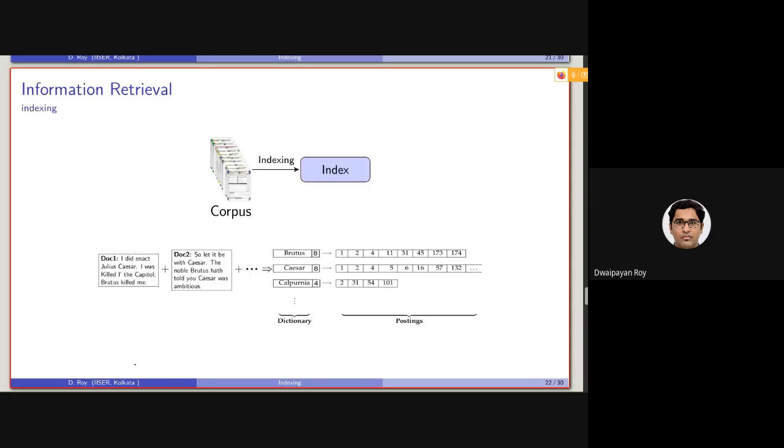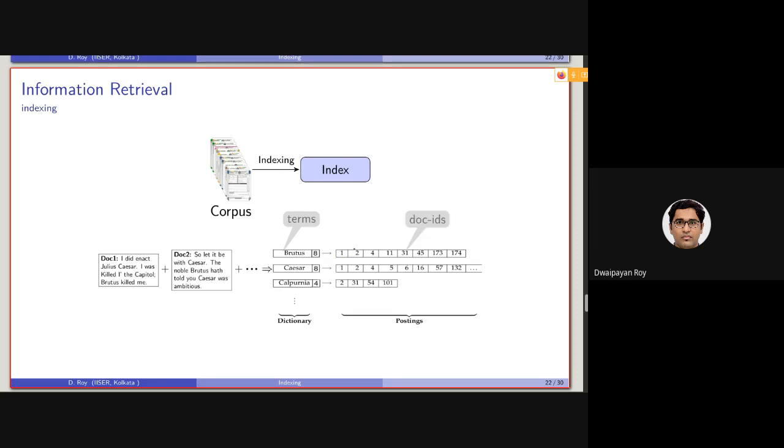Okay, so again, taking a step backward, for the indexing process, given a stream of data like a set of documents, our primary target of indexing is to make a list of terms from the documents and to store the documents in which each term is actually occurring.